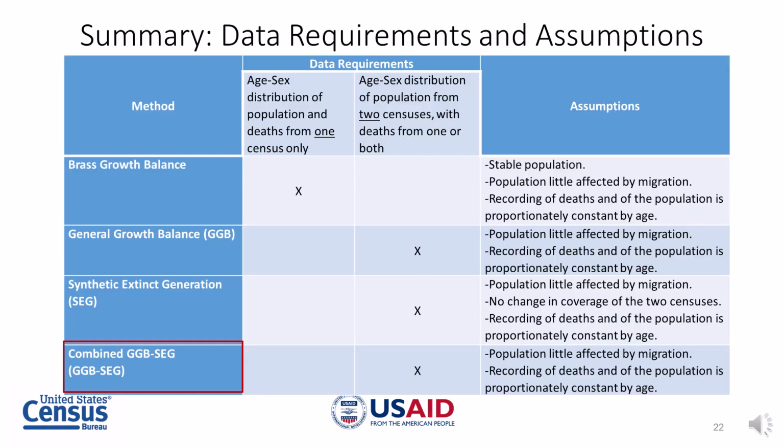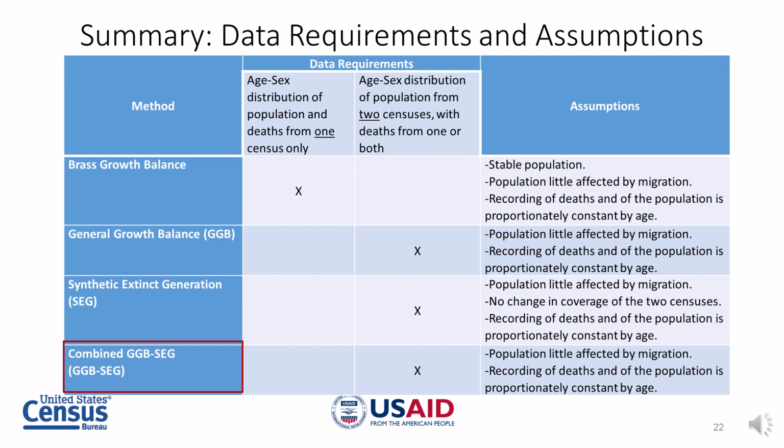The selection of the evaluation and adjustment method for death recordings depends on the availability of census data. Remember that the generalized growth balance method is based on the population balancing equation and generates a true death rate that is contrasted with observed data. The synthetic extinct generations method, on the other hand, is based on the idea that all the population in a cohort eventually dies.